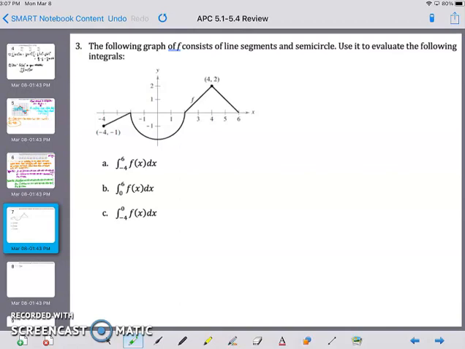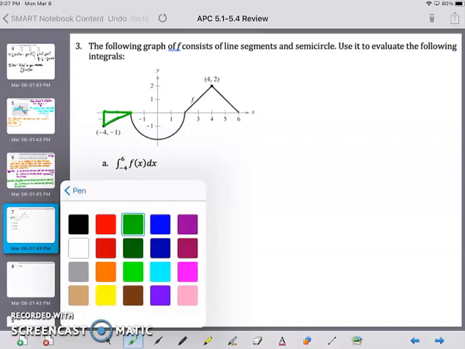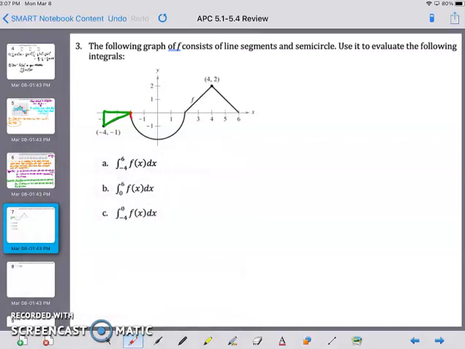x dx. So the first thing that I'm going to do is break this apart into different shapes that I can easily find the area of. So I have a triangle that exists from -4 to -2 along the x-axis. And then I have a semicircle that exists from -2 to 2 along the x-axis.